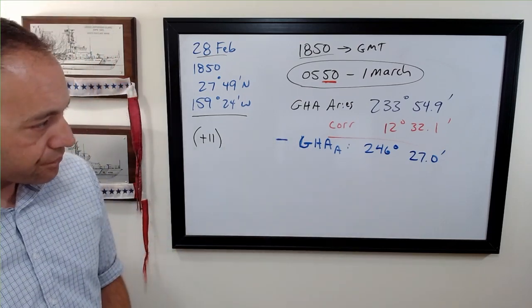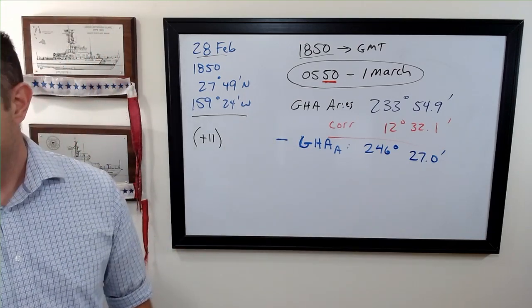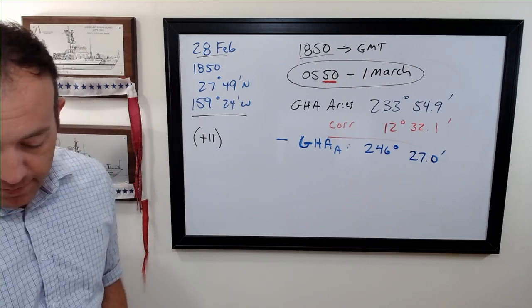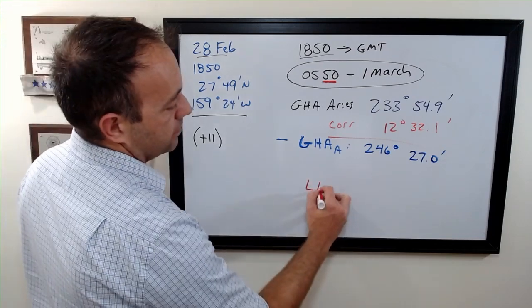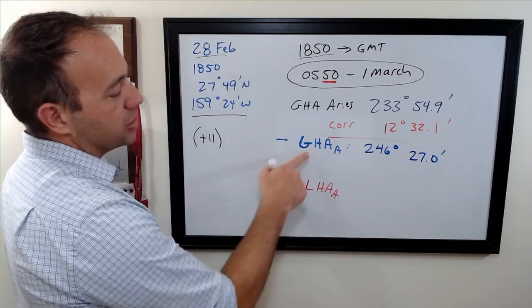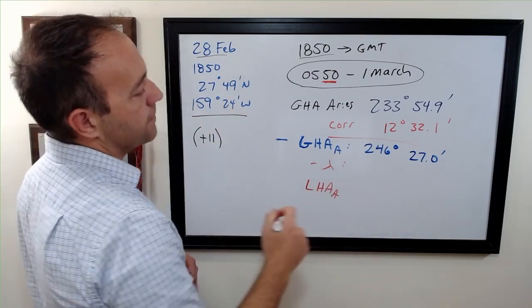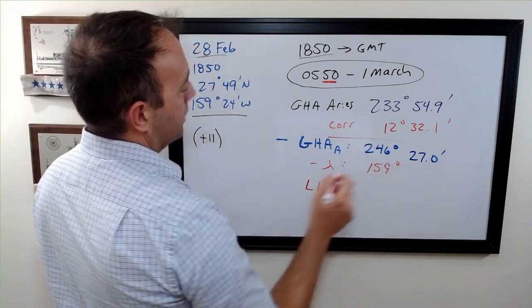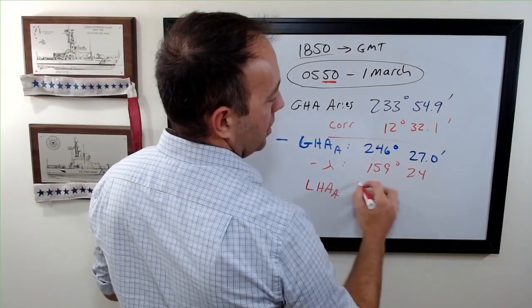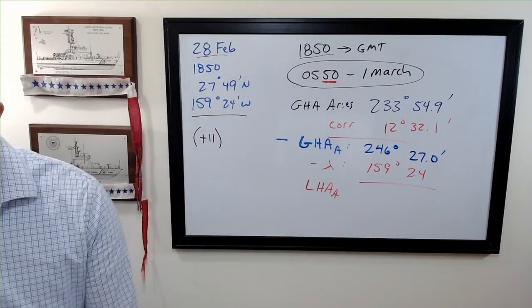Cool. We want the LHA of Aries, so we've got to do that. It's just going to be GHA minus longitude. So our longitude is 159 degrees and 24 minutes. So that math I can do without embarrassing myself.